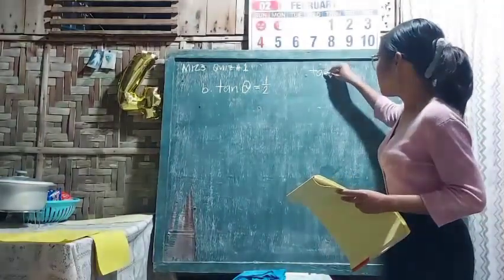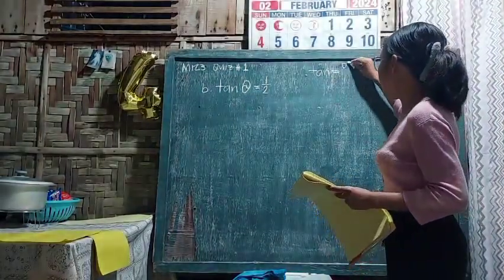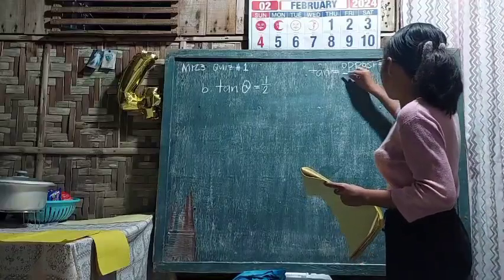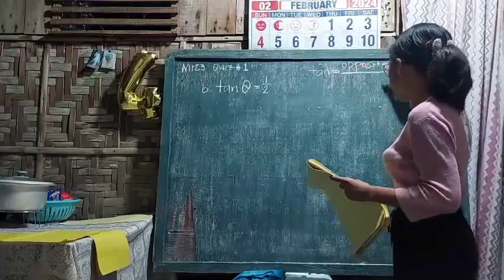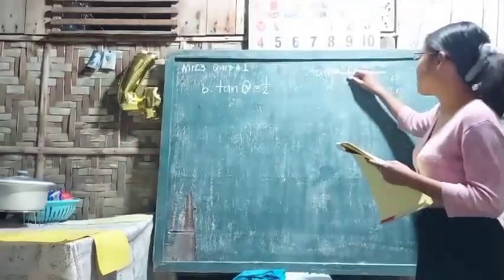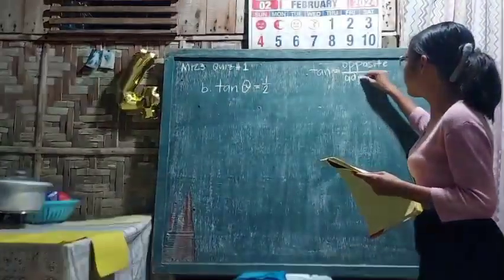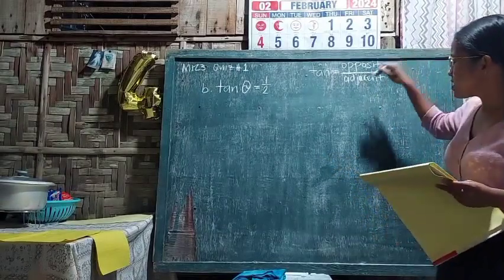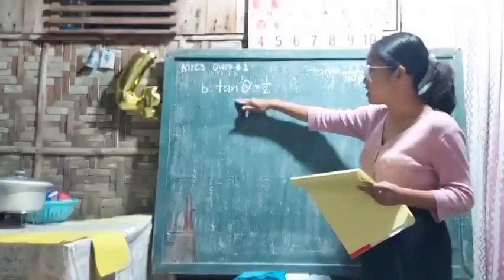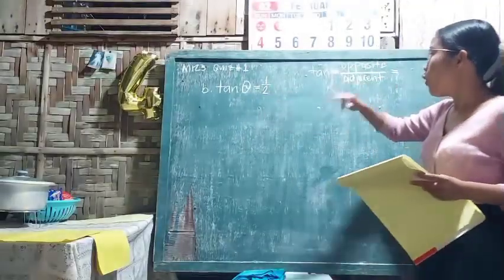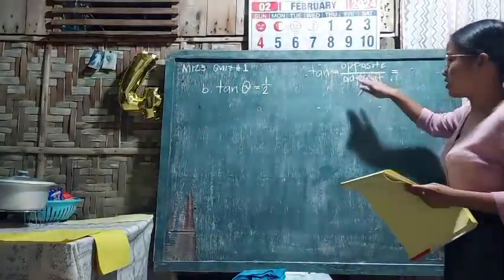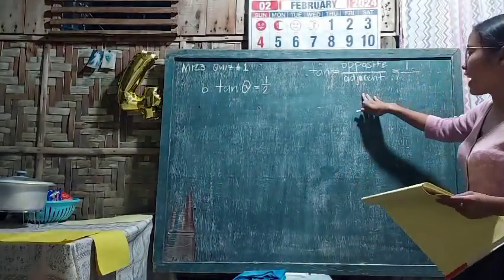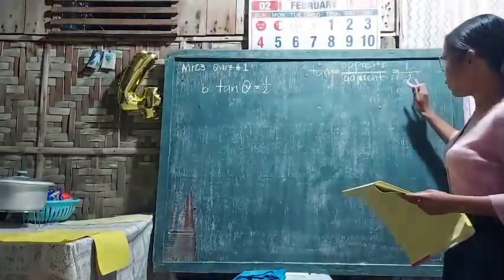Tangent is equal to the opposite over the adjacent side of our triangle. Since we have the value of our tangent here, which is 1/2, we can say that the opposite is 1, and the value of our adjacent is 2.